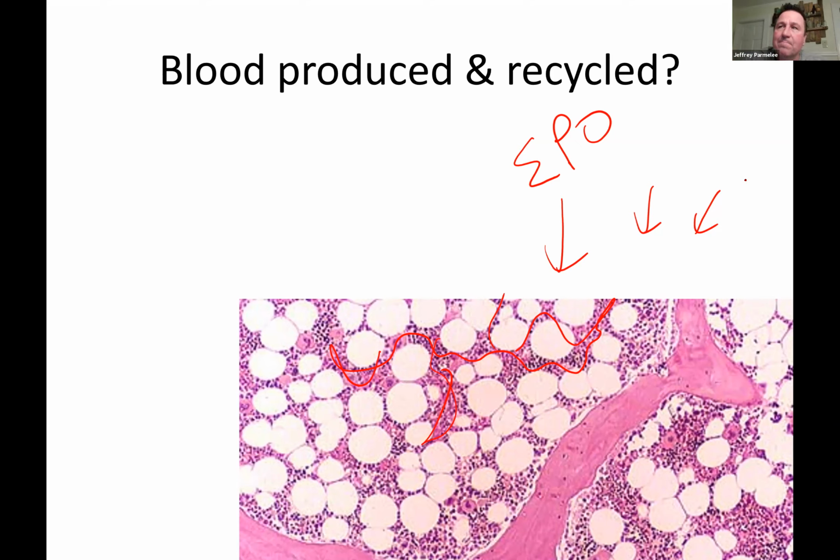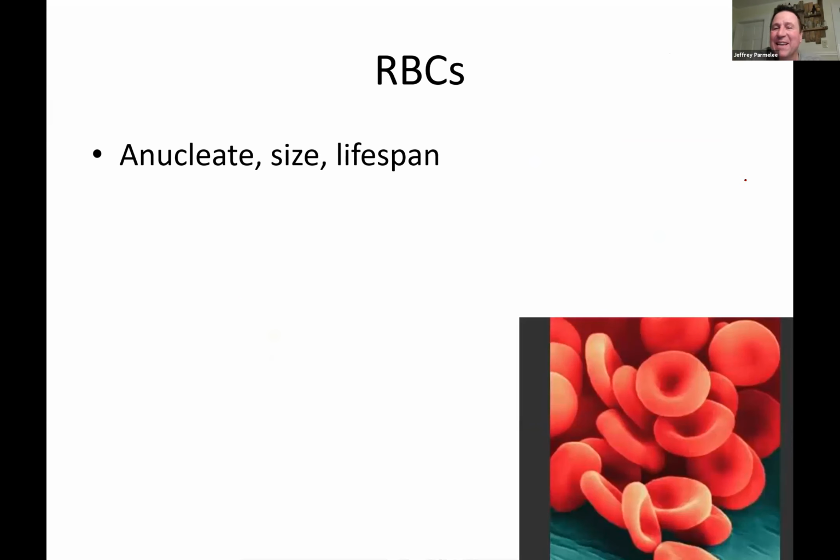All right. There's a lot there. Red blood cells, again, they have no nucleus. By having that shape, they're about 28% more surface area. They're packed with hemoglobin to carry oxygen, and they're about 7.5 microns or micrometers.